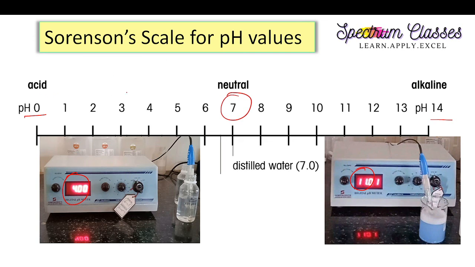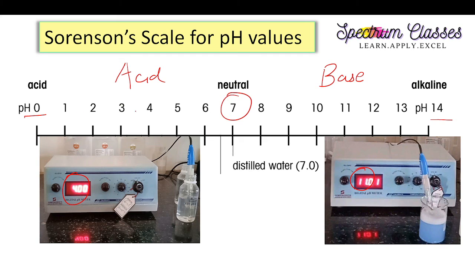We started with 1 to 14, right? So initially we are having the A alphabet, and after 7 we are having B. So A, B, C, D is the alphabetical arrangement, and this is the numeric arrangement in ascending order. So A stands for acid and B stands for base.